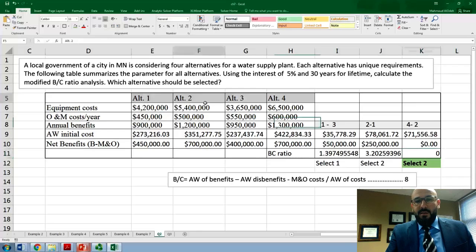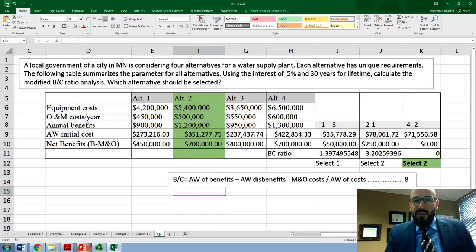As a result, we select alternative 2 as the best alternative for the water supply plant. Alternative 2 is the best because it gives us the best option among all of the 4.